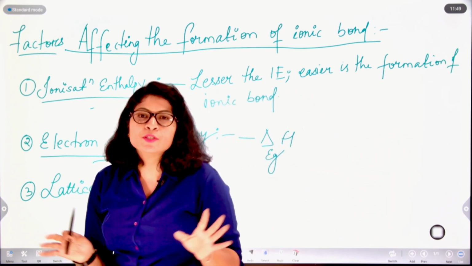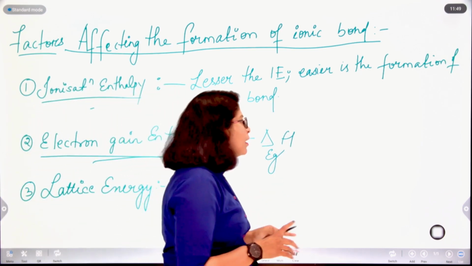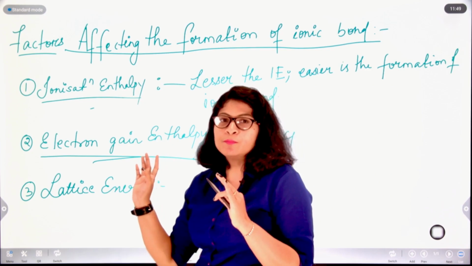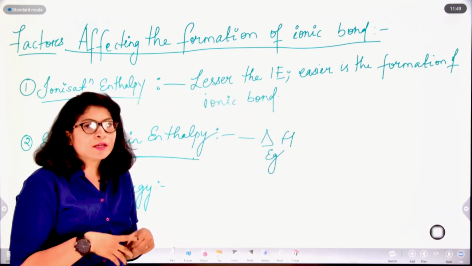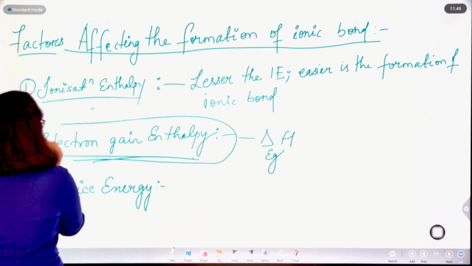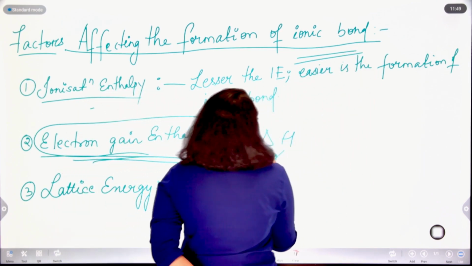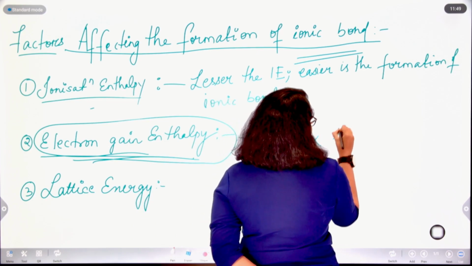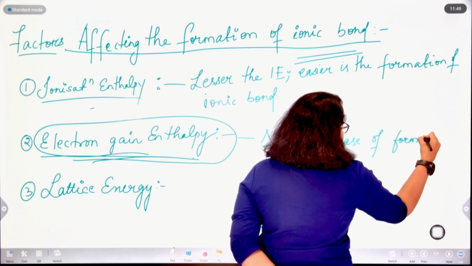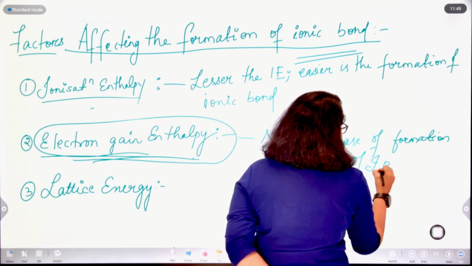If more energy is released, then the atom becomes very stable, and therefore in order to attain that stability, the atom easily takes up the electron to form an anion.